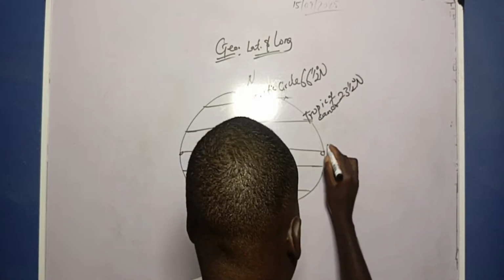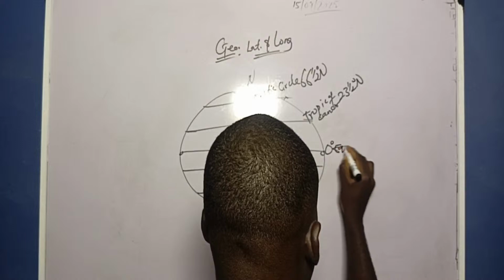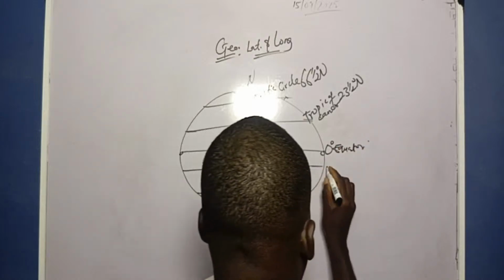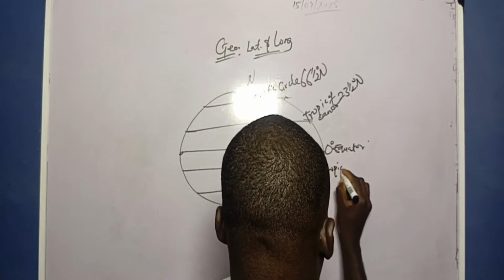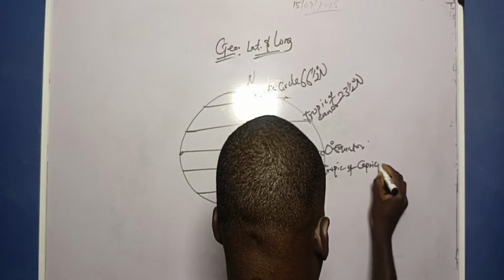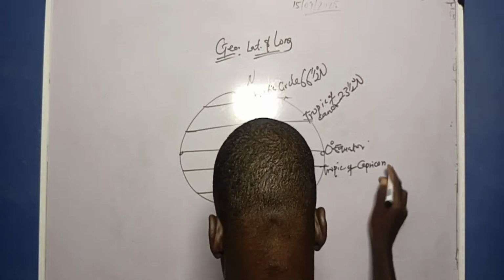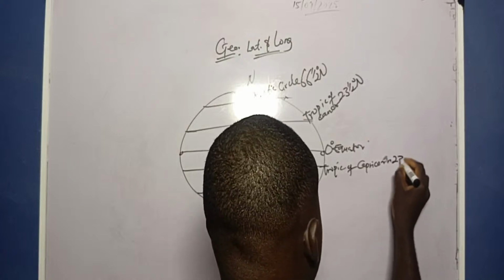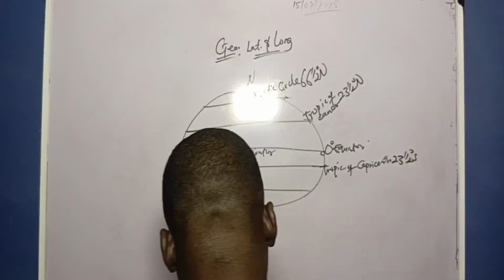And here is the equatorial region, the Equator. And here we have the Tropic of Capricorn, which is 23.5 degrees south.